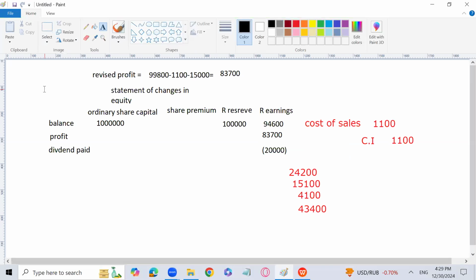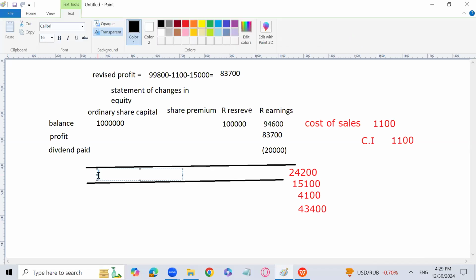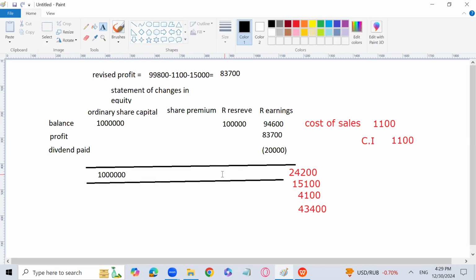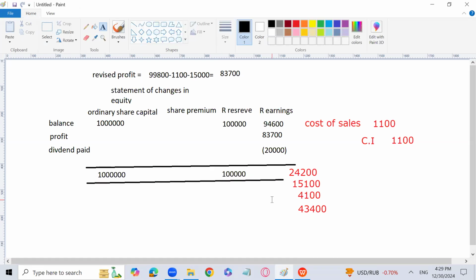Now I'm going to go for the end of this statement of changes in equity. If the shares are issued at a premium, then we have to write the premium separately. The premium will be written separately, right? And share capital will be written with its face value. What will be the retained earnings at the end? If you can tell me.